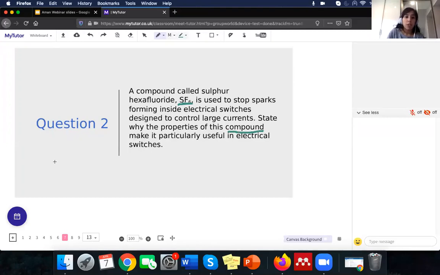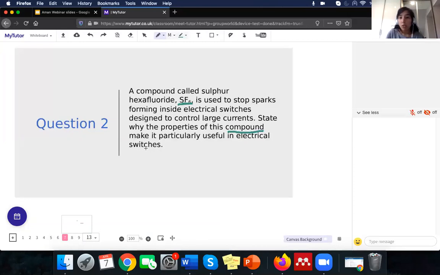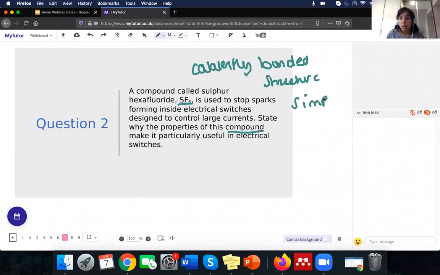If we go to our periodic table, sulfur is on the non-metal side of this red line, and fluorine is also on that side, so it is a non-metal. So what we know straight away is that this is a covalently bonded structure, and it's not one of our giant covalent structures, therefore it is a simple molecule. They've said compound, and they're right, because in this case the simple molecule is also a compound as it's made of more than one element. It's made of sulfur and fluorine.